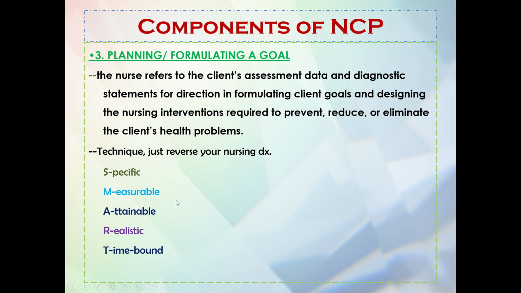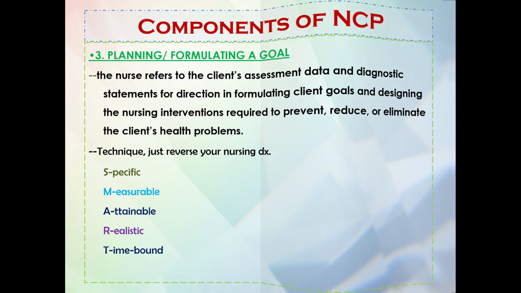Measurable yung iyong mga sinusulat sa iyong plano, sa iyong goal, na may measure siya, nasusukat objectively. Attainable, ibig sabihin, pwede siyang ma-achieve. Okay, realistic, makatotohanan yung plano mo, and then time-bound, you have a time frame in achieving your plan.